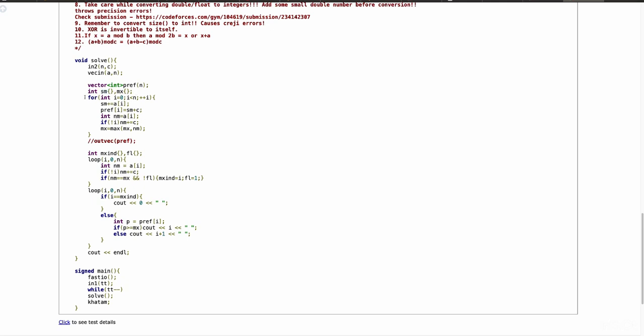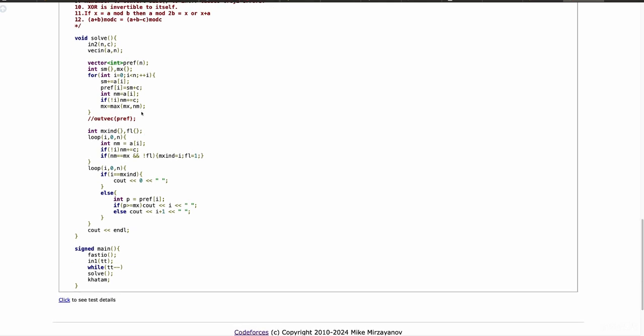We have iterated through a loop and made a prefix sum array: prefix i equals sum plus c. You can see that, and maximum will be the maximum possible element. But if it is the very first element, we'll also be adding c to it. If it's not the first element, we'll not be adding c to it, because the first element by default gets the votes of all the c undecided voters also. That's why we have implemented this condition.